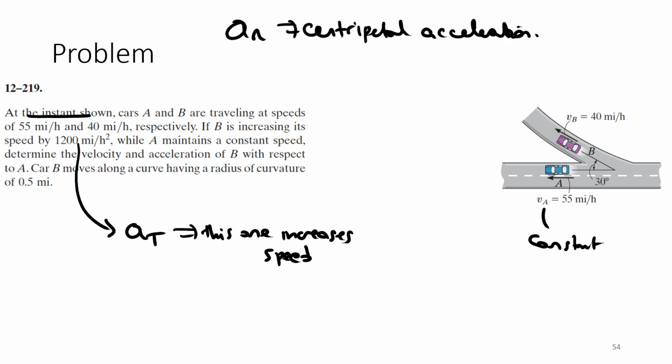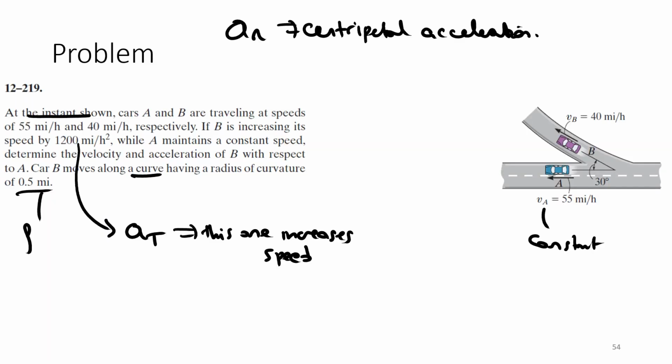Okay. So determine the velocity and the acceleration of B with respect to A, and the radius of the curve is 0.5. That's the rho. Let's do that. It is not a difficult problem. It is very easy.